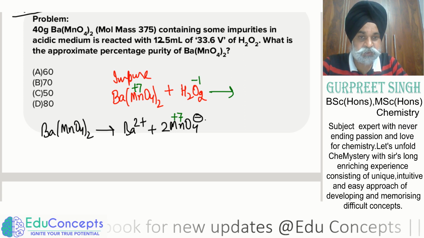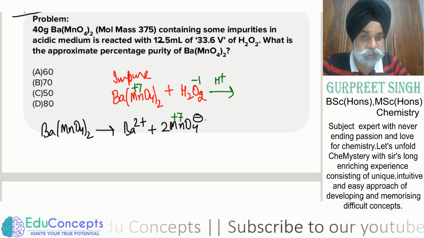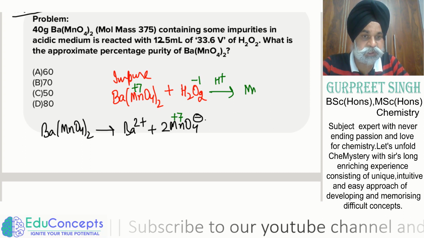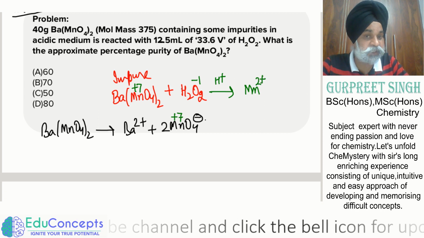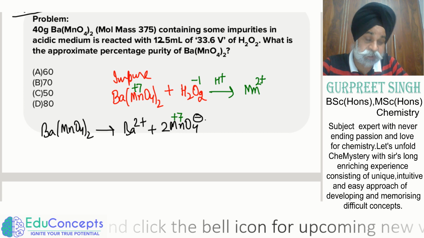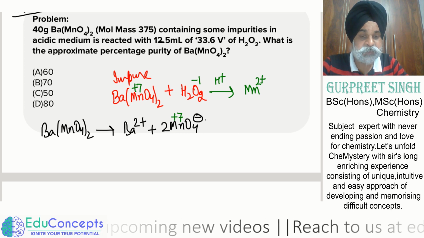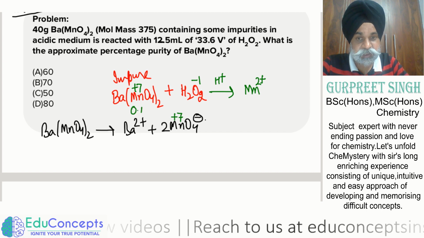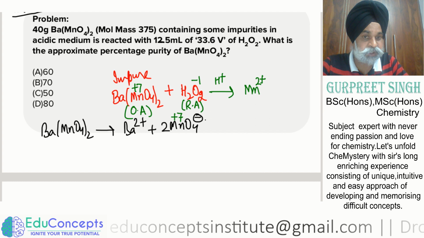Now this is for sure that in acidic medium KMnO4 acts as a better oxidizing agent, so it will change into Mn2 positive. I am presuming you are aware that permanganate ion in acidic medium goes to Mn2 positive. Now it means it is acting as an oxidizing agent, so H2O2 has to act as a reducing agent.